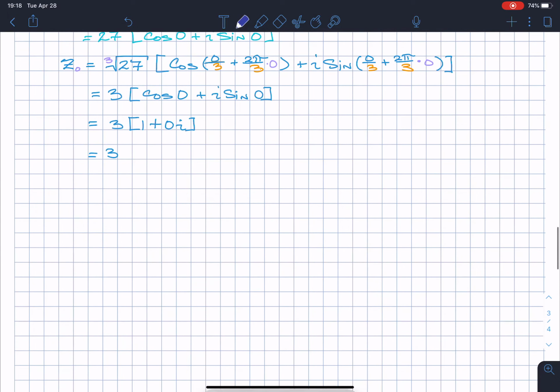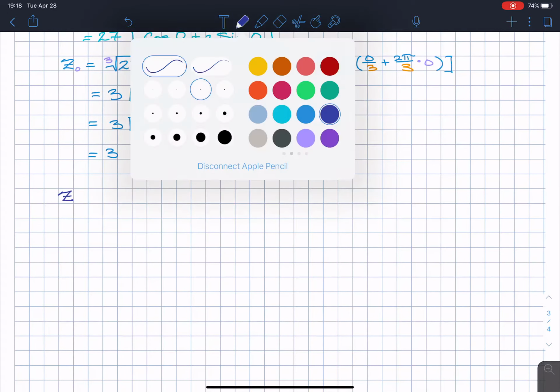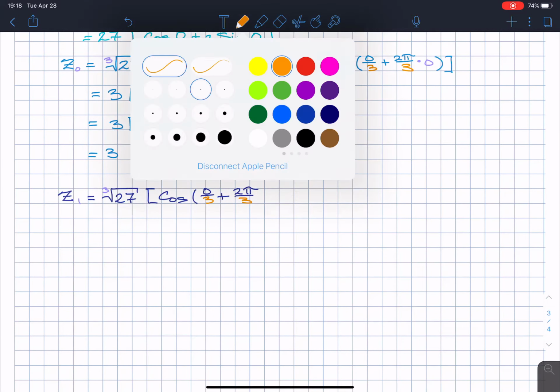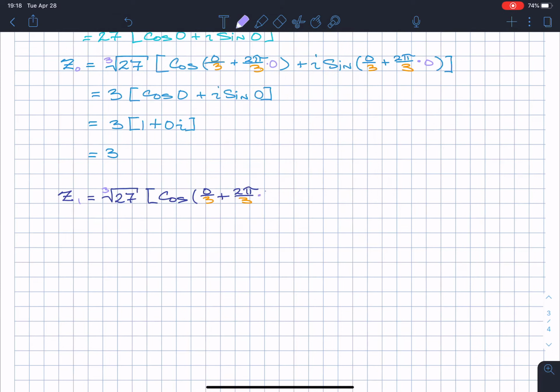Okay, so now let's evaluate z sub 1. So it's still the cube roots, but the subscript is going to go between 0 and 2. So we still have the cube root of 27, but now we're going to have cosine of 0 over n, which we know to be 3, plus 2 pi over n, which we know to be 3. But now the subscript is 1, so my k for this problem is 1.